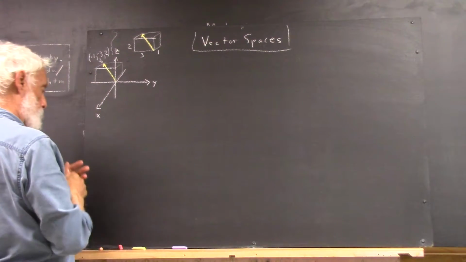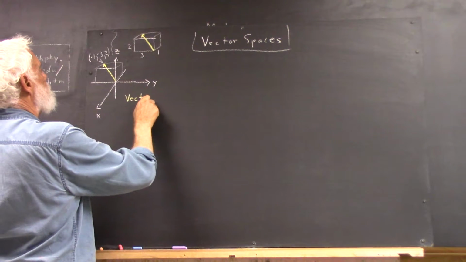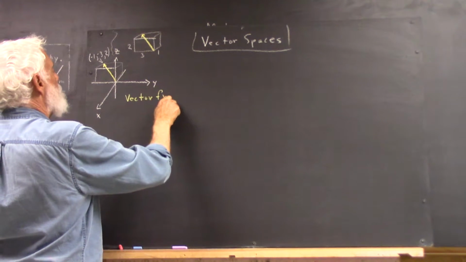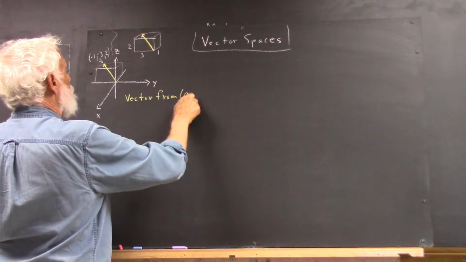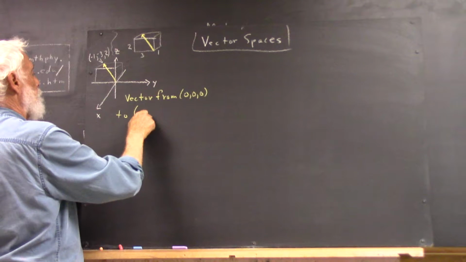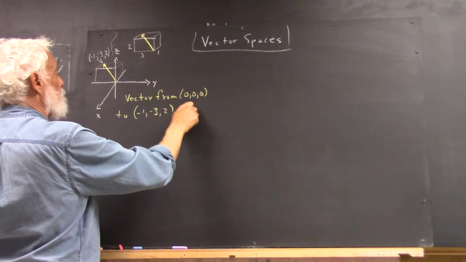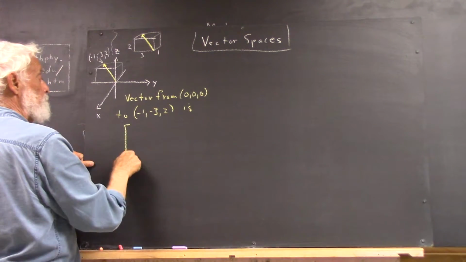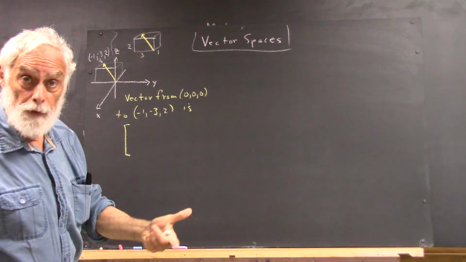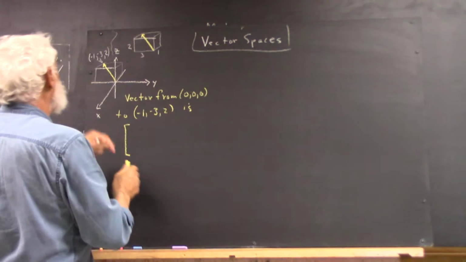The vector from the origin 0, 0, 0 to the point -1, -3, 2 is what? Well, we haven't done any vectors in 3 dimensions, but it's not hard to see what that would be.